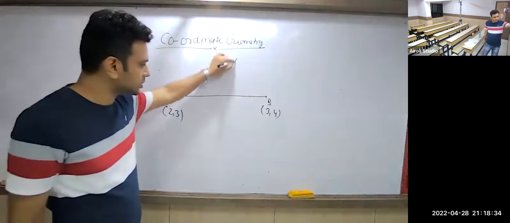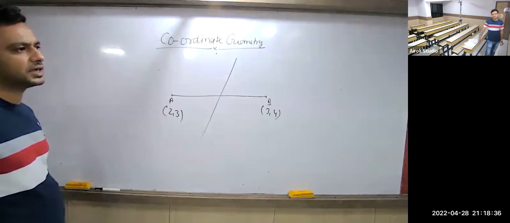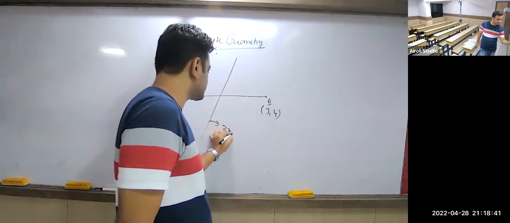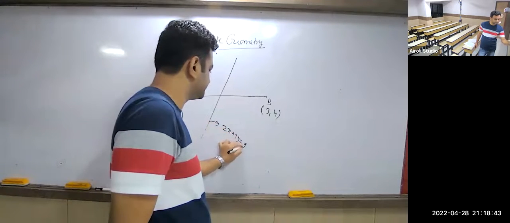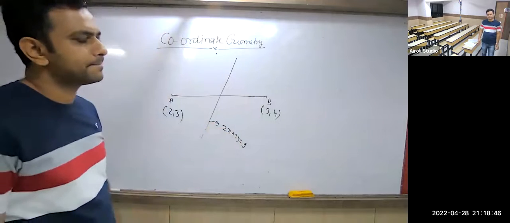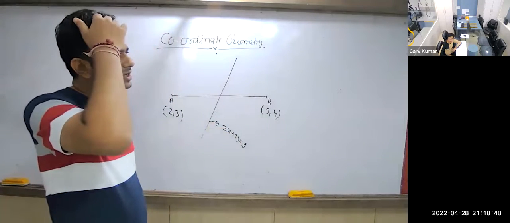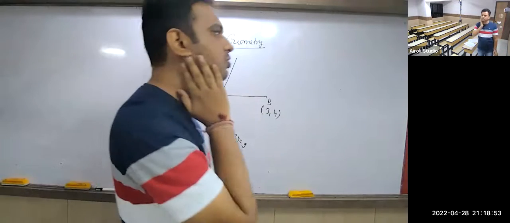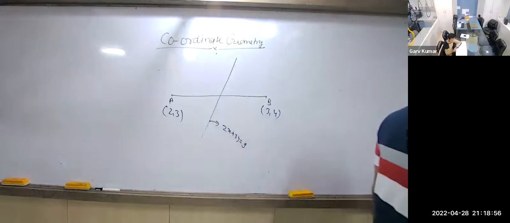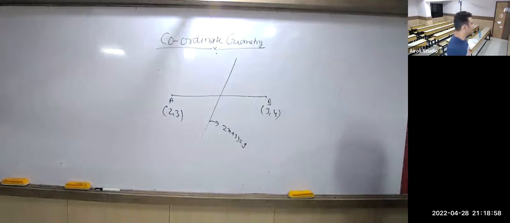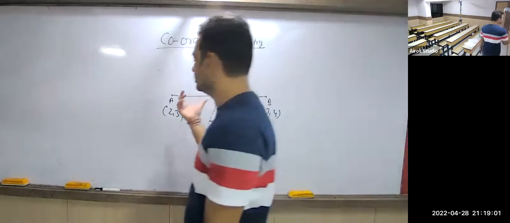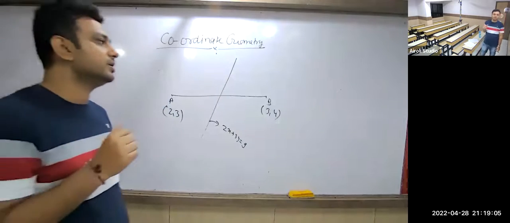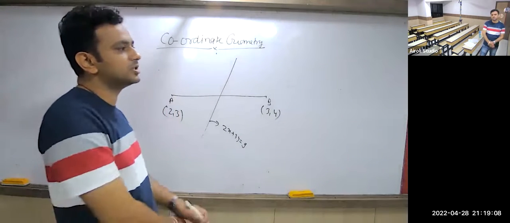And a line is intersecting the line segment AB, and its equation is given as 2x plus 3y equals 9. Clear? They are asking to find the ratio in which this line divides the line segment AB. Got my question? So can you tell me how you solve this question?